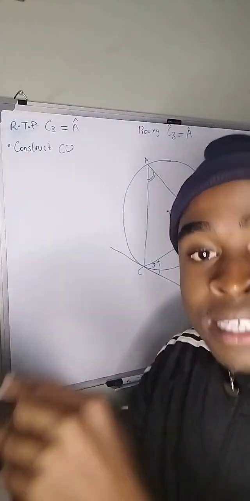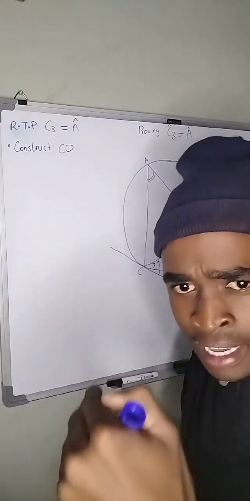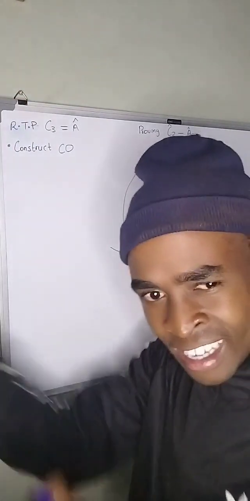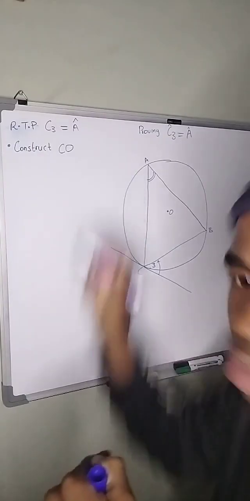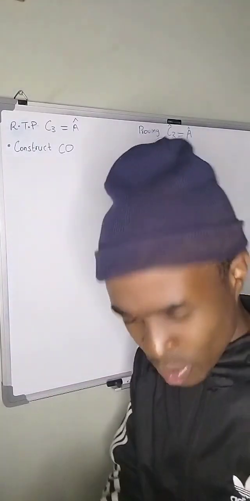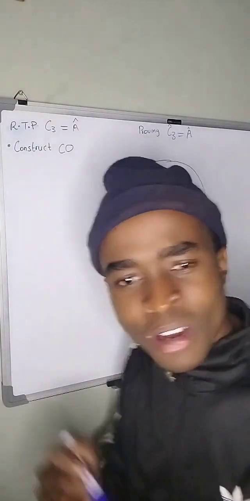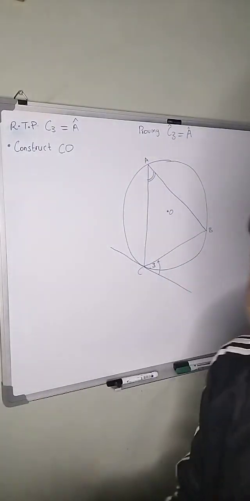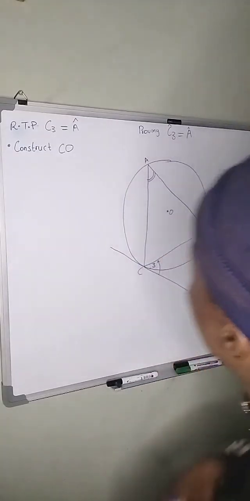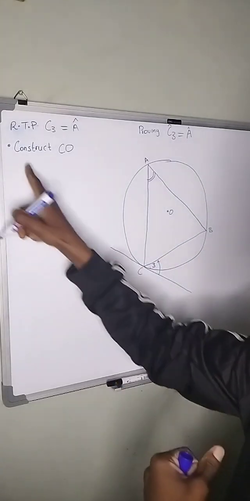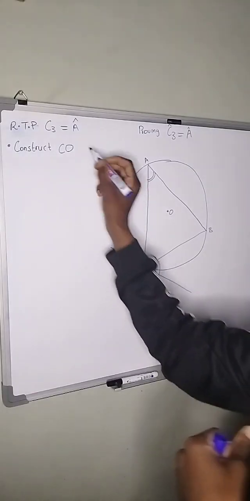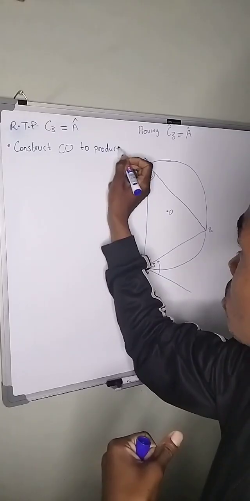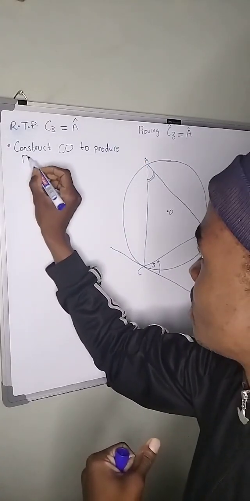To produce what? What letter can we use, besides A, B, and C, guys? Yes, this is the first letter that came. Thank you very much. So we are going to say construct CO to produce D.